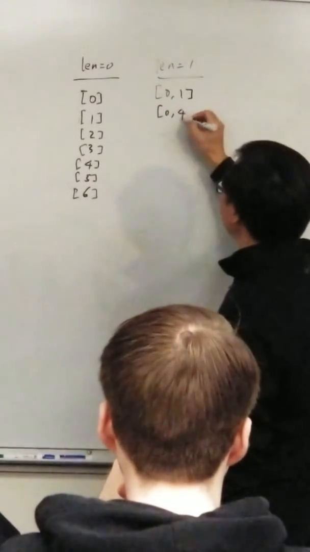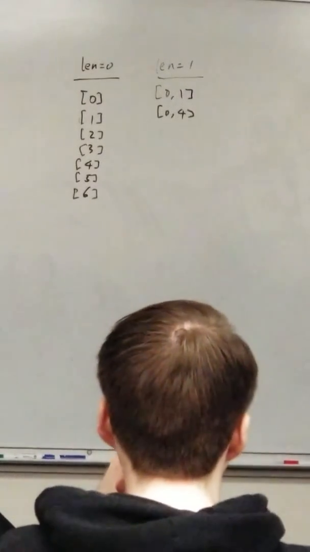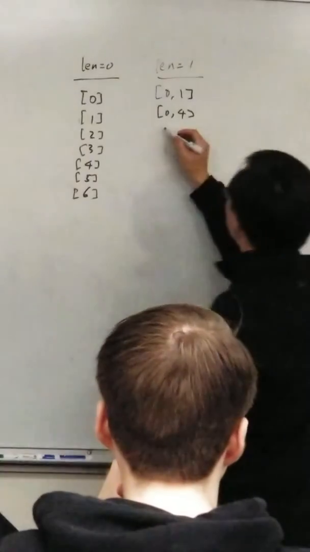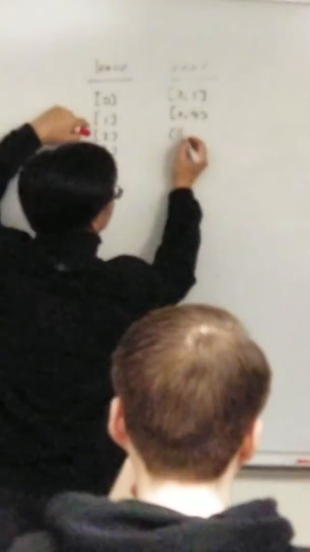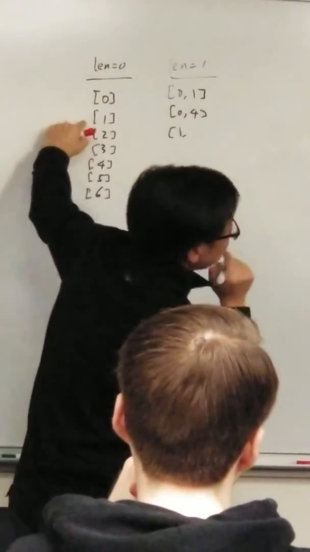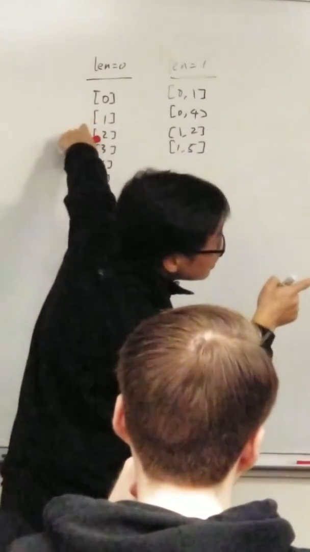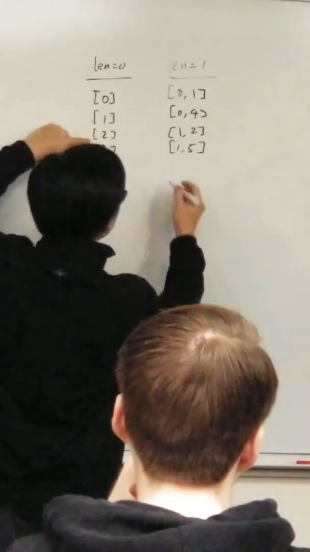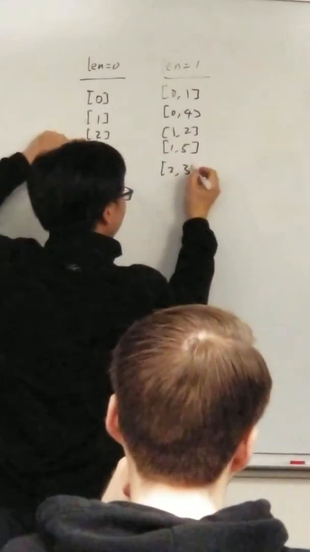You basically look at the outgoing edges, and then you can do the extension. For 1, what do the outgoing edges look like? 1, 2, 1, 5, right? Okay. And then we go to 2, would be 2, 3, that's the only one, right?